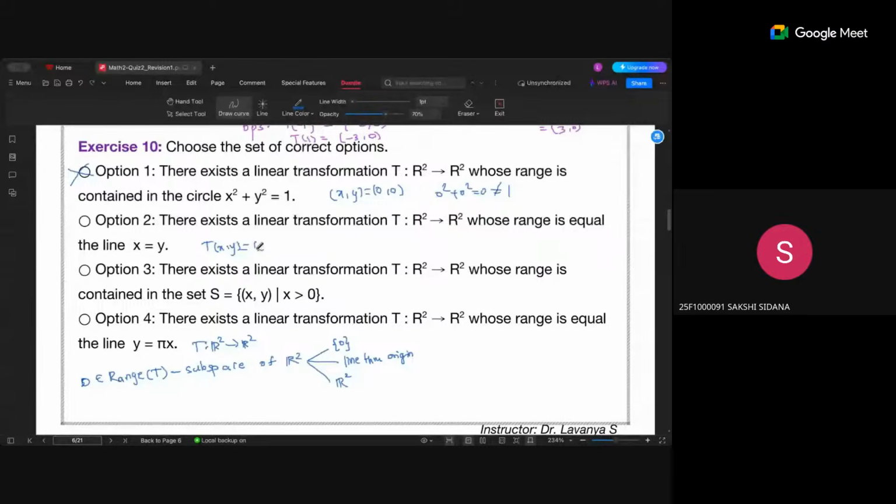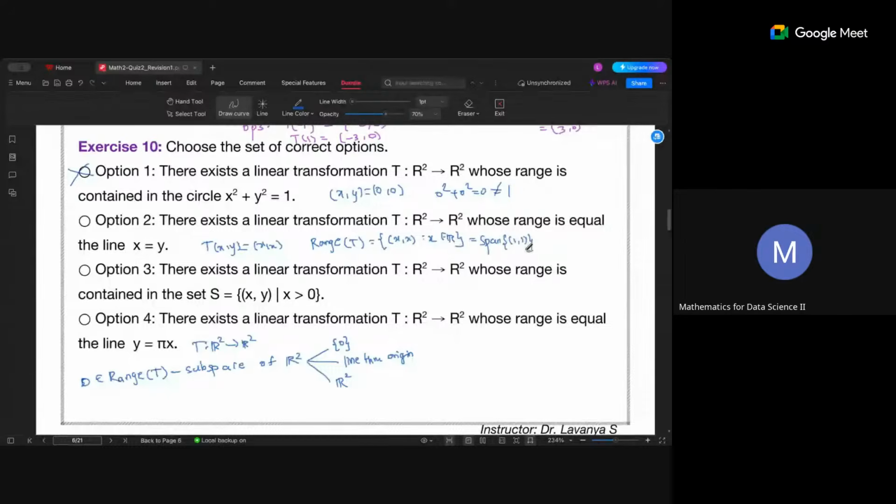Either x or y, any of them can satisfy this. So T of x comma y is x comma x. In this case, your range is this straight line, the set of all x equal to y, where x is in R. So it is the span of 1, 1.